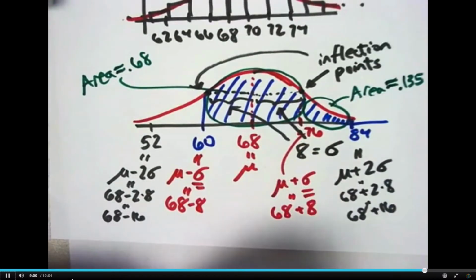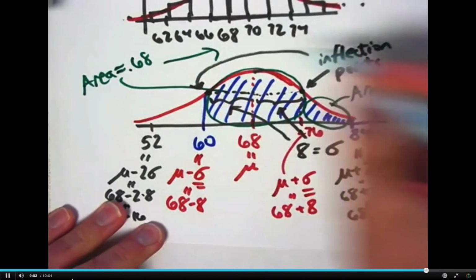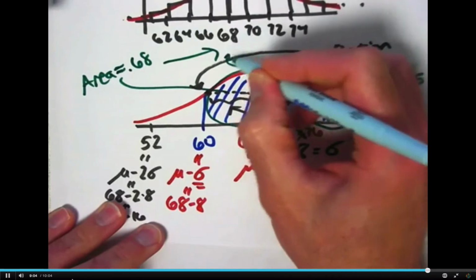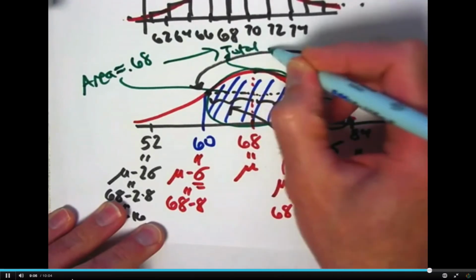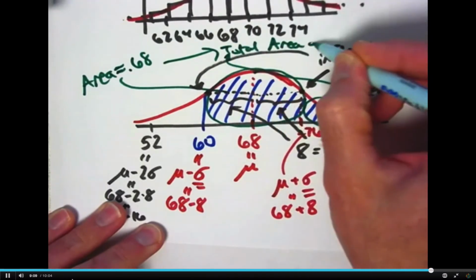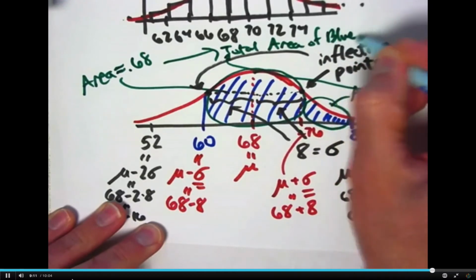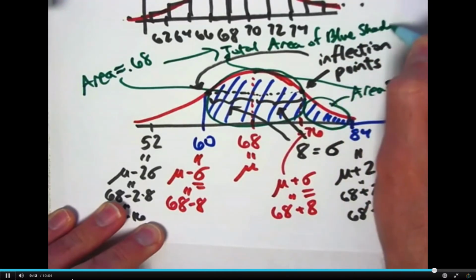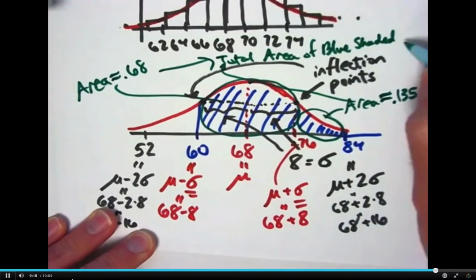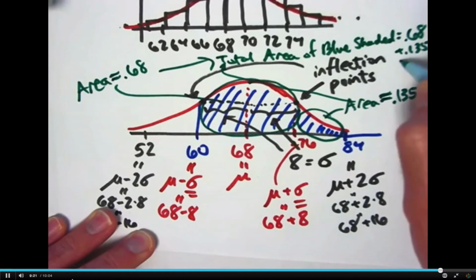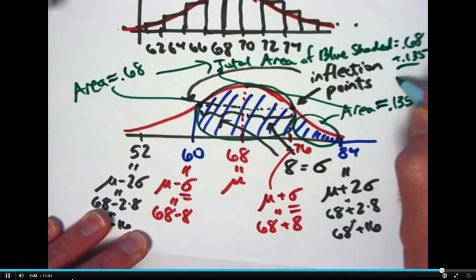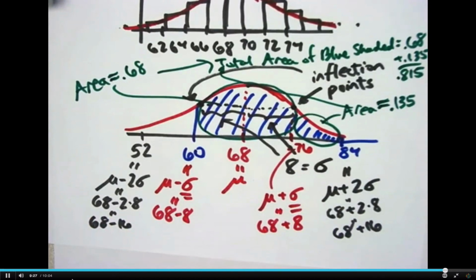The total area of the blue shaded region is approximately 0.68 plus 0.135, approximately 0.815.